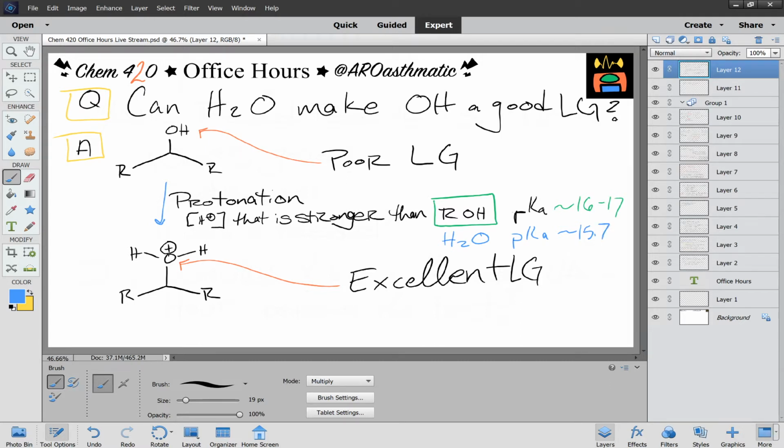And so when you compare the pKa of water to the pKa of your average alcohol, it's not significantly more acidic. We would say that H2O is slightly more acidic, but not significantly more, so not strong enough.